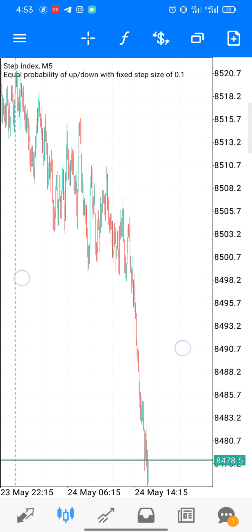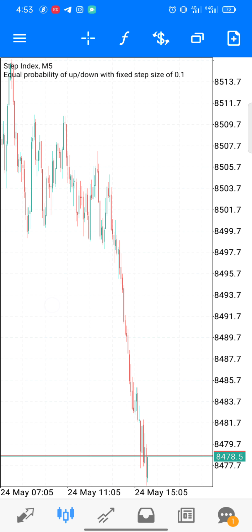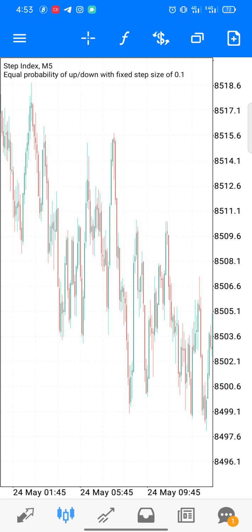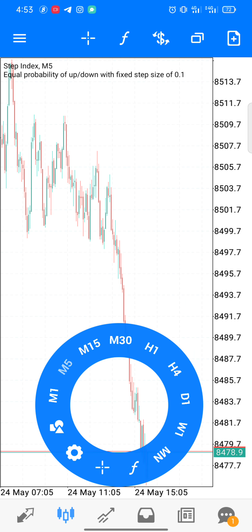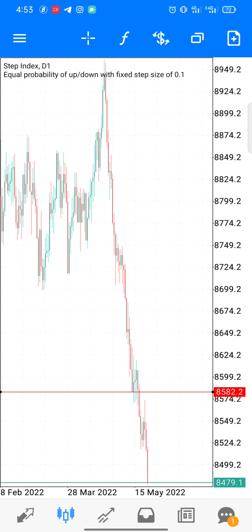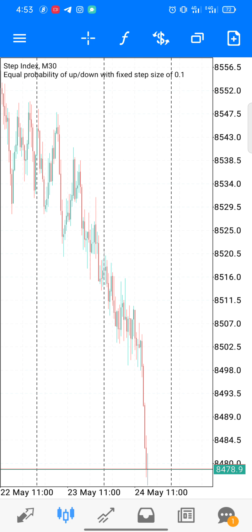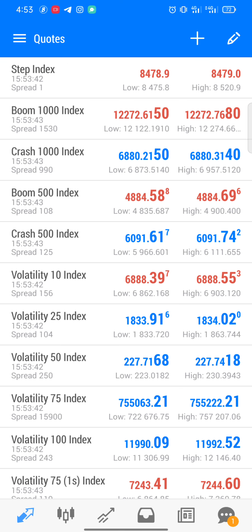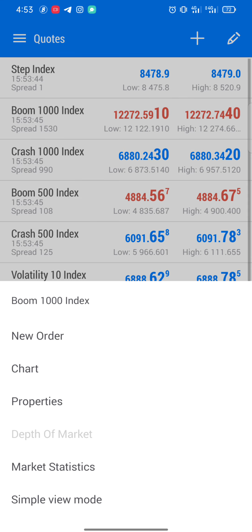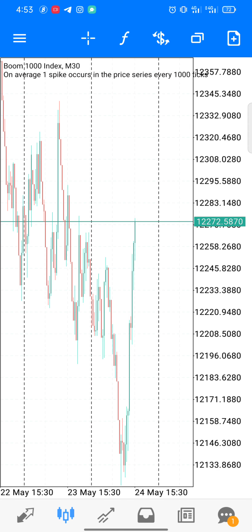So I'll check from the 15-minute time frame to see if there's anything I can actually do with step index, but it is not showing me anything now, because there is no point whereby the market is reacting. It is just at the all-time low. So I'm going to go away from step index for now before I take something that I'm not supposed to take. I'll leave step index, then I'll check out boom.